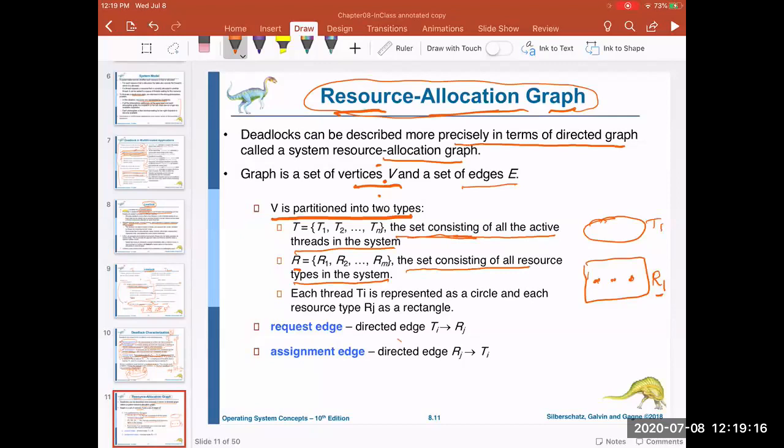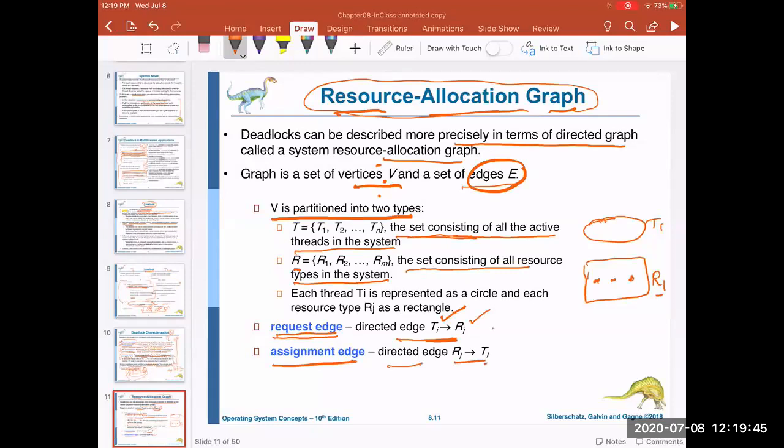Now, whenever a thread wants to acquire a resource, this is called a request edge. So the edges are of two types. The request edge is directed from the thread to R, and the assignment edge is directed from the resource to the thread.